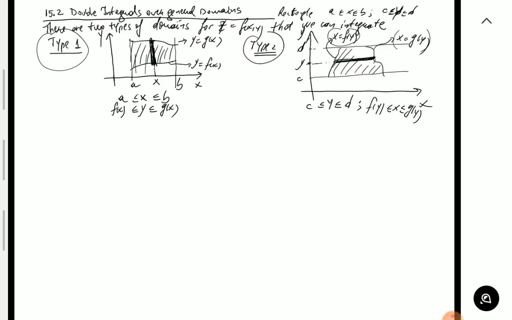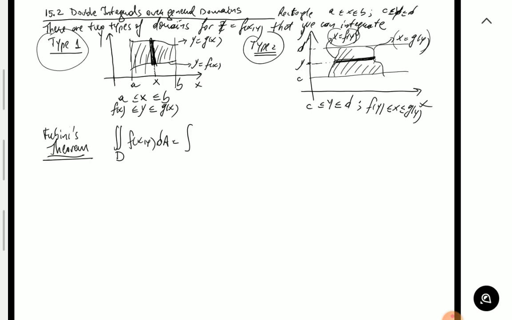All right, so Fubini's theorem states the following. For a type 1 domain, it states that the double integral, let's actually write it in one single formula. The double integral over this domain, if it's type 1 domain, is going to be with the outermost integral given by the constant bounds.